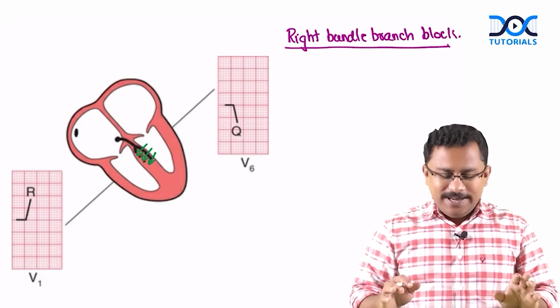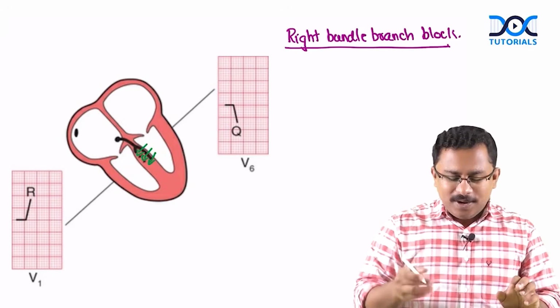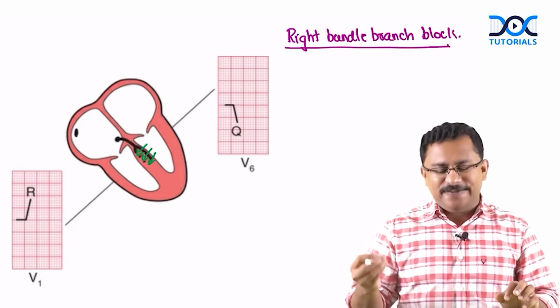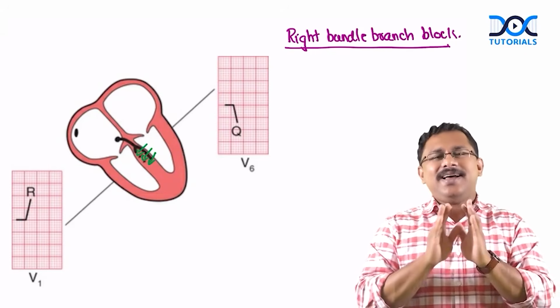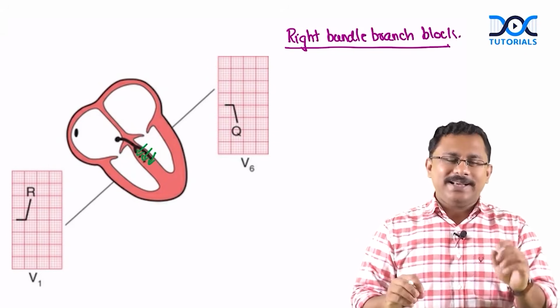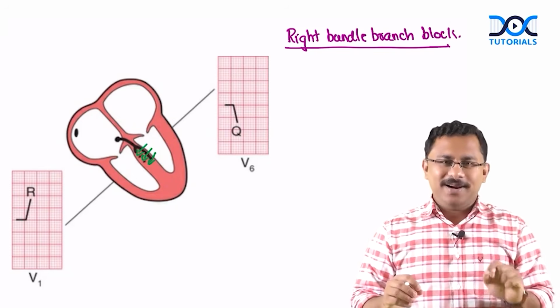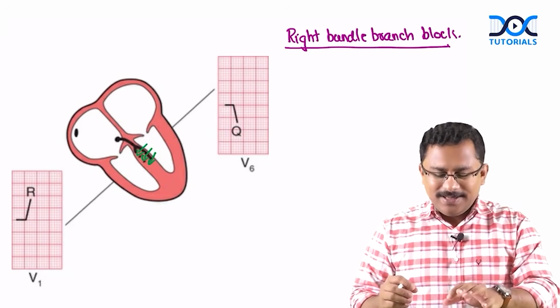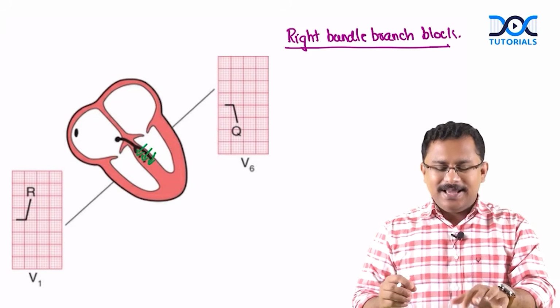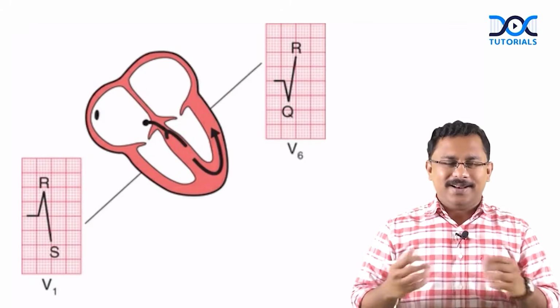So the same septal depolarization. So here also you will have a positive deflection in V1 as well as a negative deflection in V6, just like the initial normal state. Okay, because the septal depolarization is dependent on the left bundle branch. Okay, that's clear.